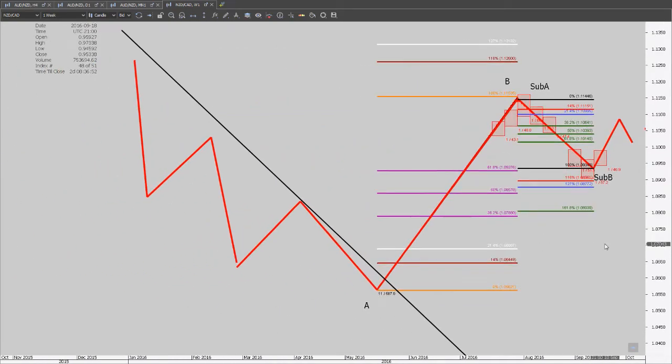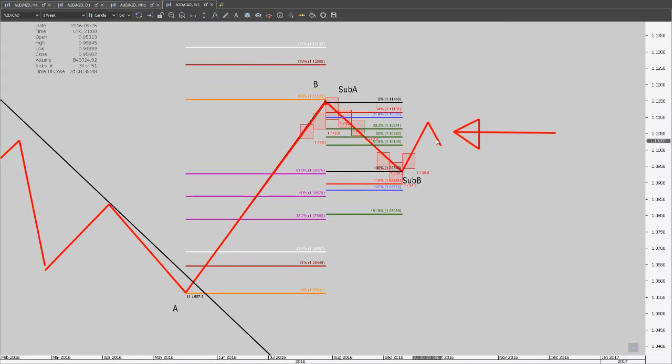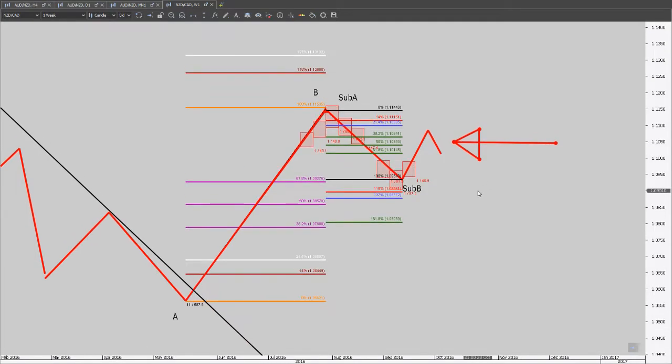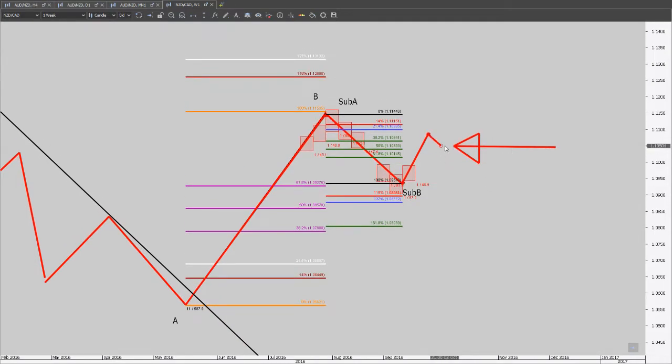This is just a speculation. Okay? When this happens, what do we know? Well, this is a confirmed retracement inside the sub A and sub B boundary. Is this a confirmed extension? No, not yet. Because in order to be a confirmed extension, everybody, it must make a higher high, right? It must continue the uptrend.